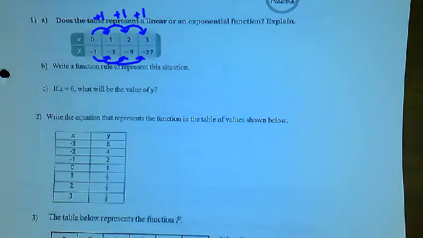These are also going up, so these are times 3 each time. Again, same thing. So remember, this is our a value right here. So a is equal to -1, and b, our common ratio, is equal to 3.